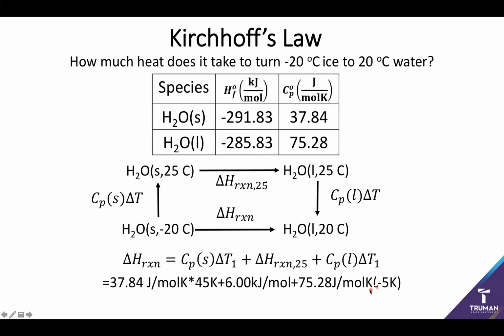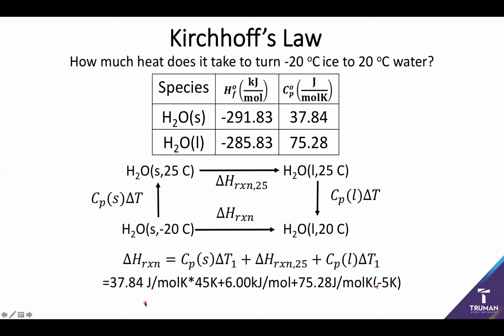So one of the things that's worth noting is that none of these individual steps is actually happening. In truth, I'm probably warming up to 0, melting, and then warming up some more. But this is one of the useful things about thermodynamic cycles. The path doesn't matter. As long as you have the numbers for a path, you get the right description.